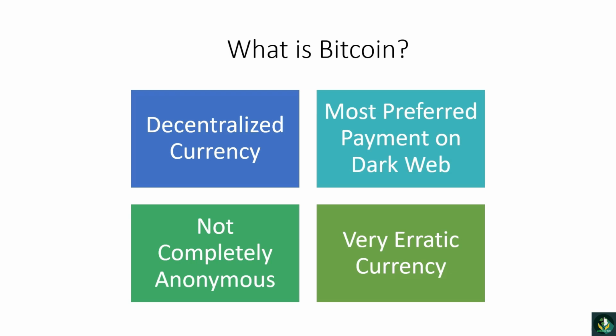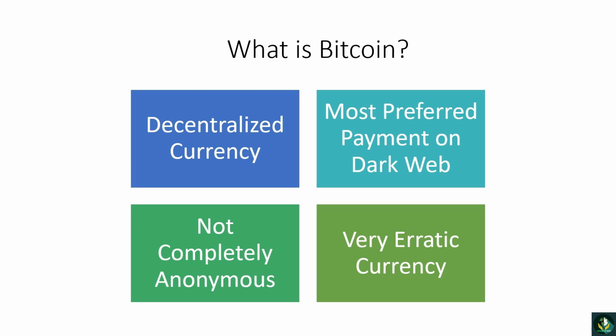Secondly, it is the most preferable payment for the dark web or the deep web, and I think most of you already know this. This is the most preferred method of payment when it comes to transactions on the deep web, as simple as that, and it has the best anonymity.